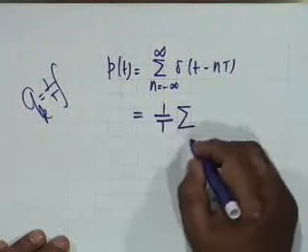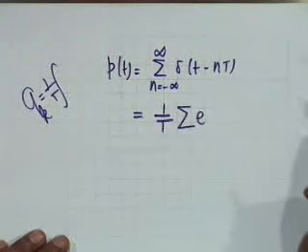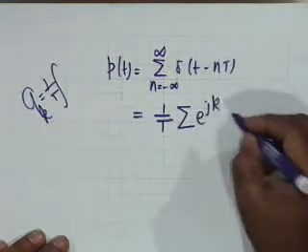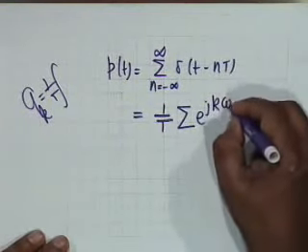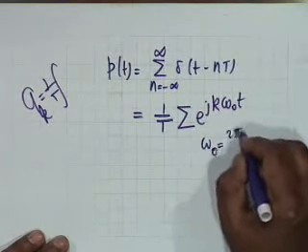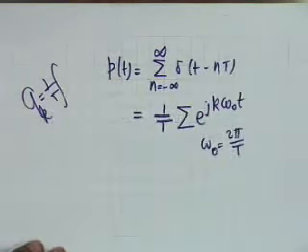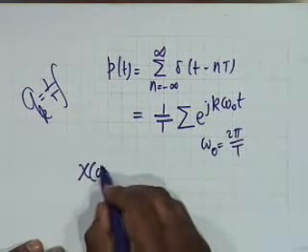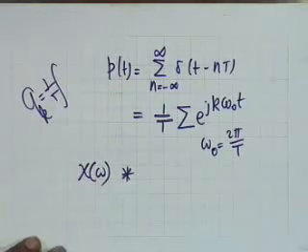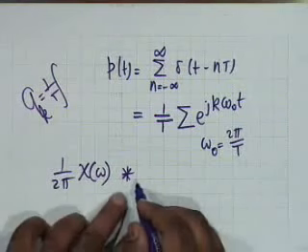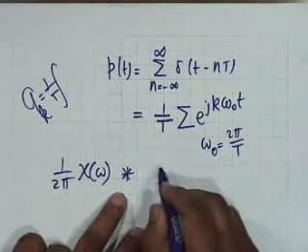1 by T is the Fourier series coefficient for all a k's, and then you have e to the j k omega 0 t, where omega 0 is 2 pi over capital T. Capital T is the period. Now what you are doing is you are convolving 1 by 2 pi X of omega with P of omega.